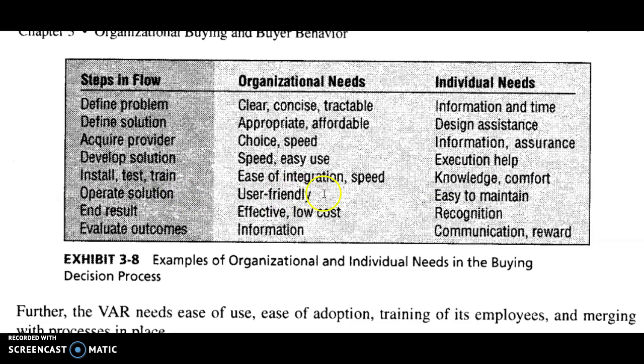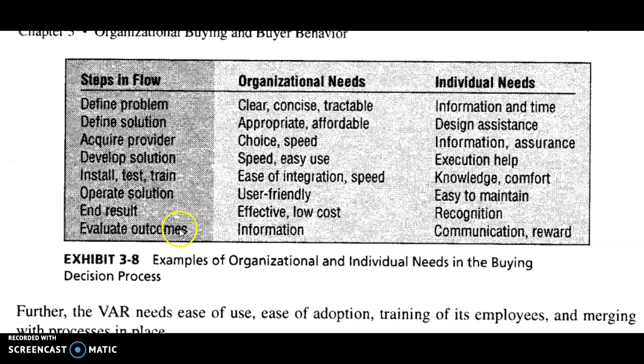Operate solution, organizational needs, user-friendly, and at the individual level, the product must be easy to maintain. End result, steps in the flow. End result, organizational needs, effective and low cost. Individual needs, we need recognition.